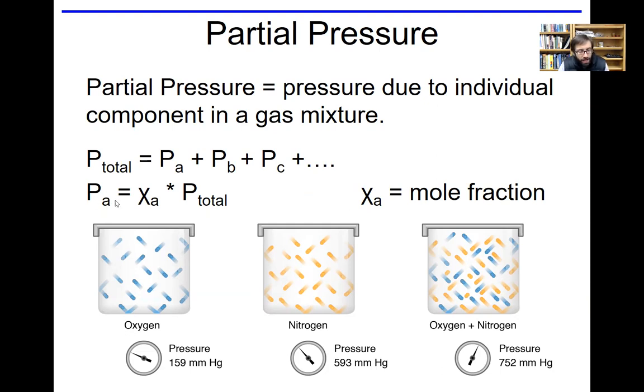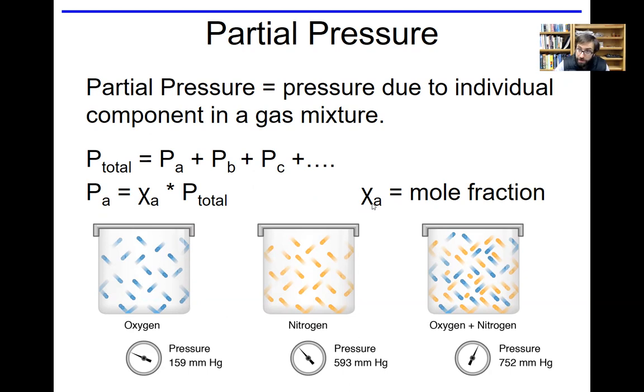And the pressure of any one of those gases is equal to the mole fraction times the total pressure of the container. So this X, or technically chi, the Greek letter chi, stands for mole fraction.